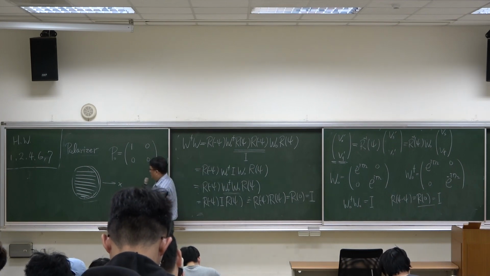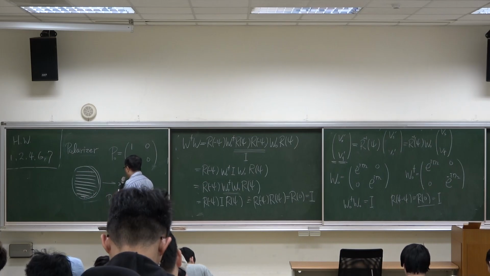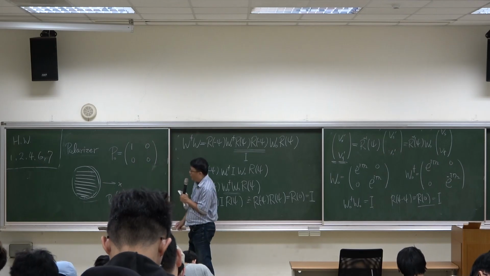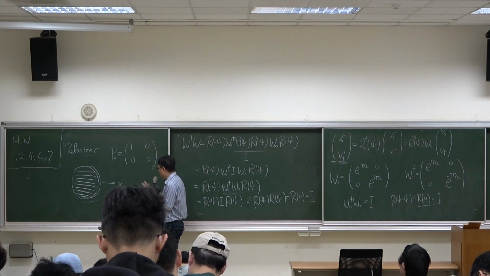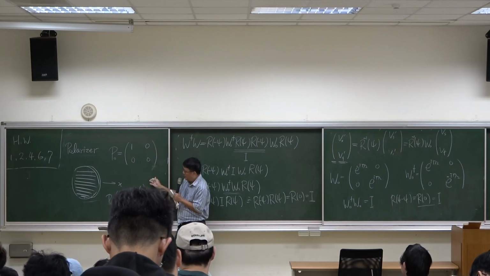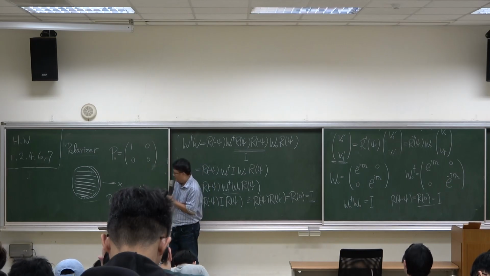So if I multiply P0 to the 1, 0 vector, I get the 1, 0 vector, which means that the x polarization can penetrate through this polarizer.